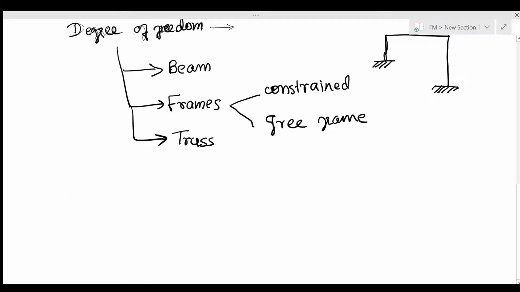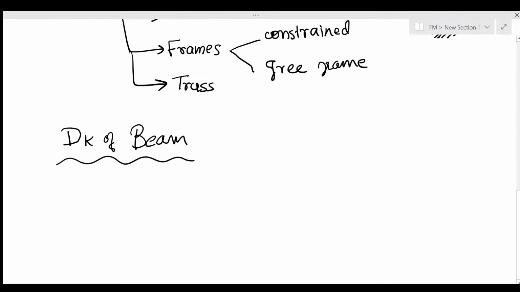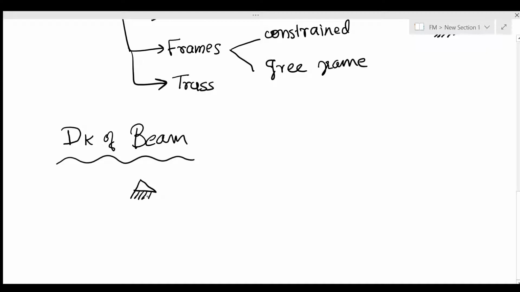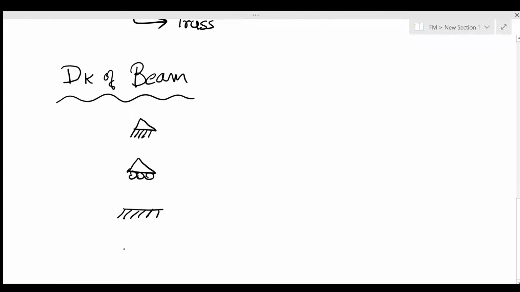So we are going to calculate the degree of freedom or kinematic indeterminacy. I am using the letter dk for representing degree of freedom. So dk of beam structures. For a beam you should know we have different types of supports like hinged support, roller support and fixed support, and also one more support, that is sliding support.